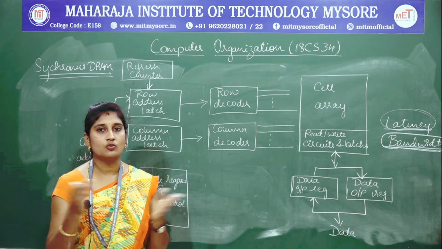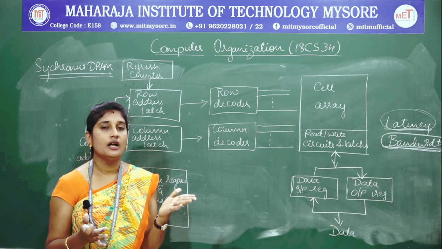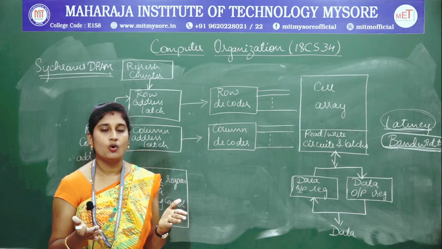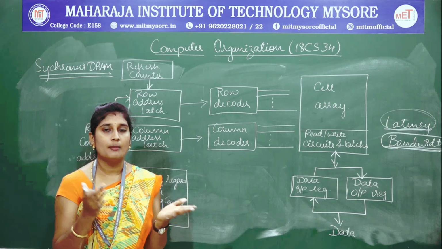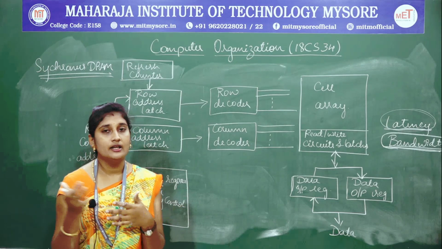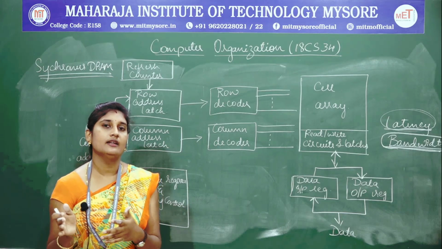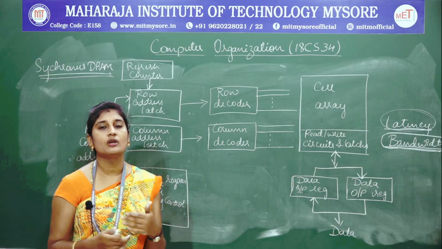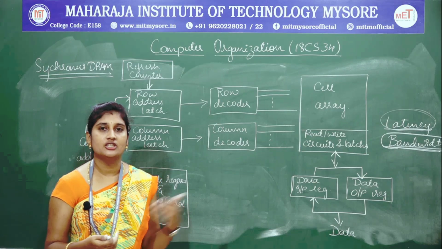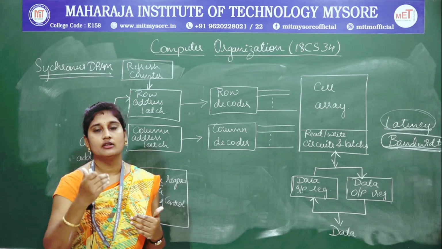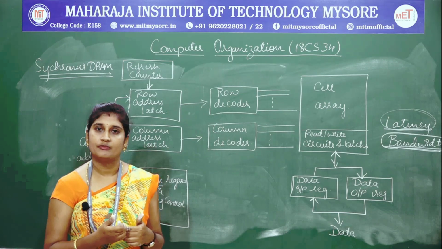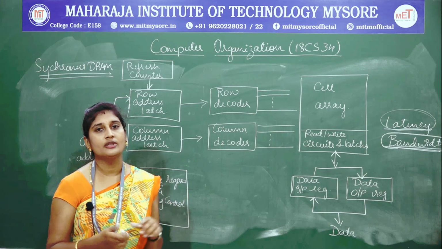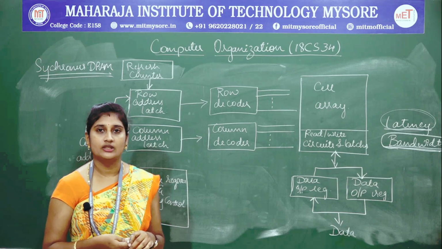Fine, understood. That is the difference between static and dynamic RAM. Both are volatile RAMs, but static RAM can retain its state as long as power is applied, whereas in dynamic RAM the stored information keeps changing as the capacitor starts discharging. Fine, this is how the operations of your RAM memories work.